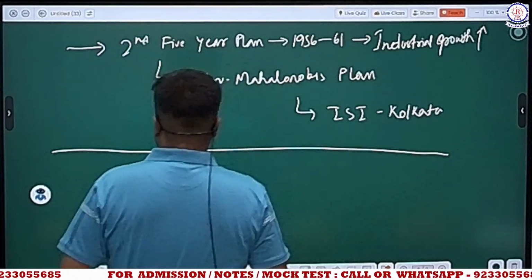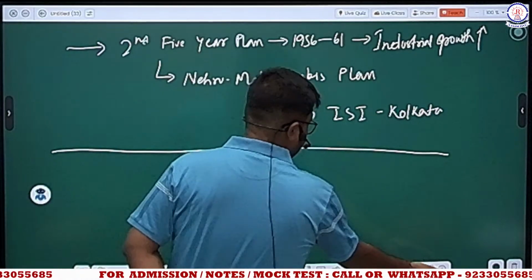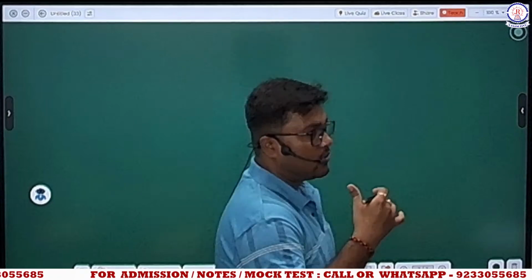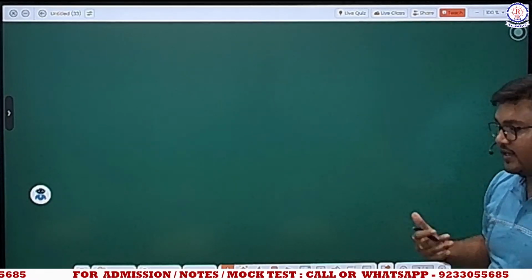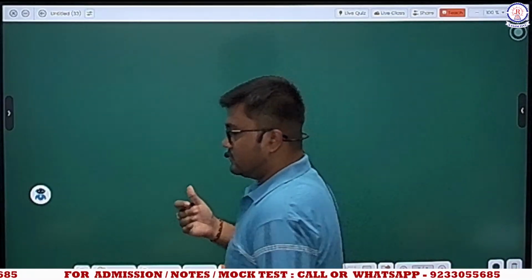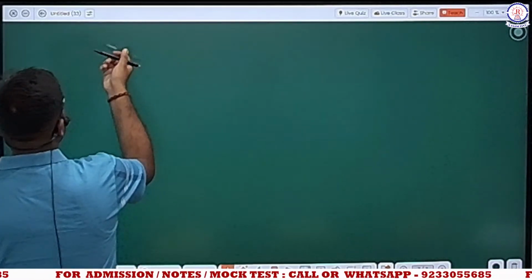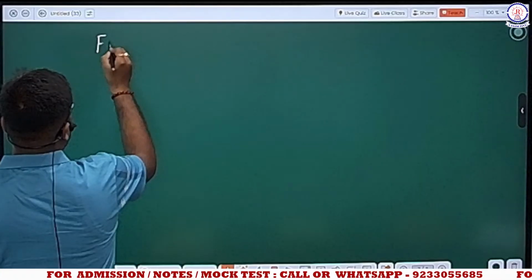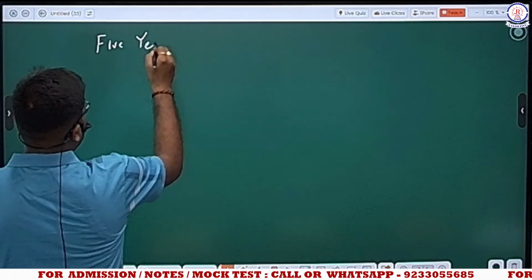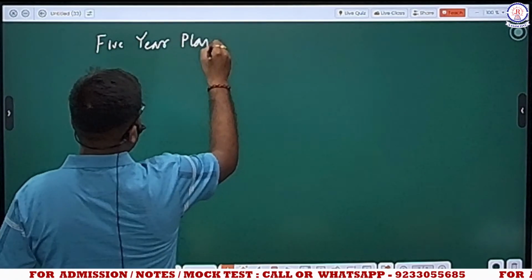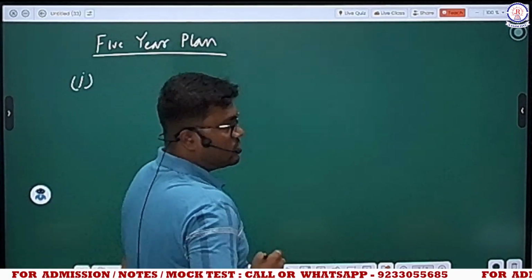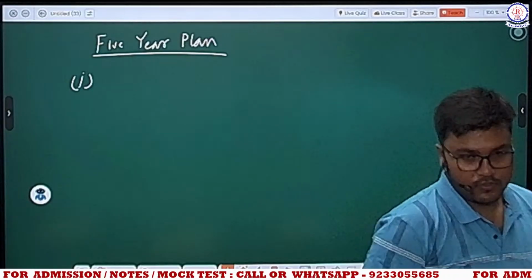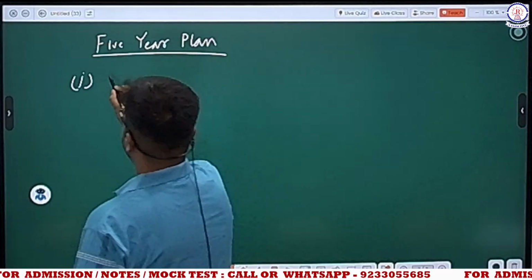Now let me discuss what are the main or the consistent ideas under the 5-year plans. Okay, the first thing was India has to be a mixed economy.